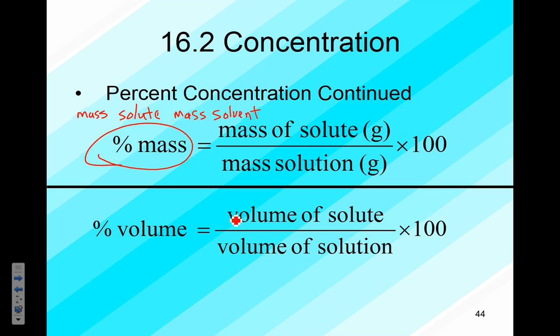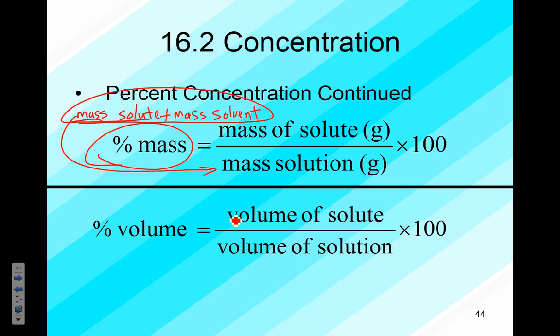We can't just put one on top and the other on bottom because we need solute on top. Well, we're given that, that's fine. But on the bottom has to be the mass of solution. How do we get the mass of solution? Remember, the solution is the solute plus the solvent, and one thing that is true of masses is they are additive. So watch out for percent mass where they give you the mass of the solute and the mass of the solvent. We have to add the two together to get our number on bottom. Don't just put the small one on top and the big one on bottom.